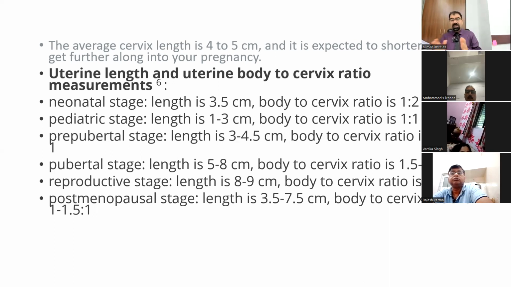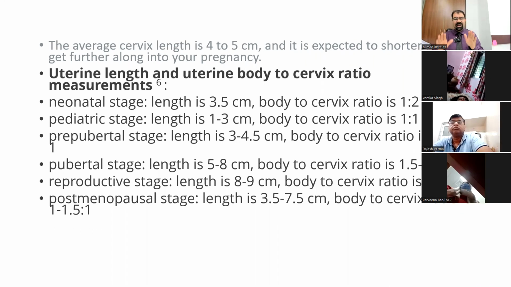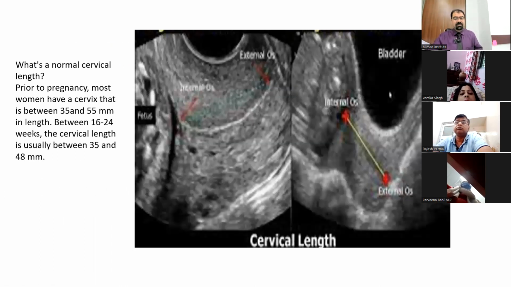Why this is important: if you are about to label a bulky uterus, the cervix to uterine length ratio should be disturbed. So this way you will be labeling a case of a bulky cervix or a bulky uterus.